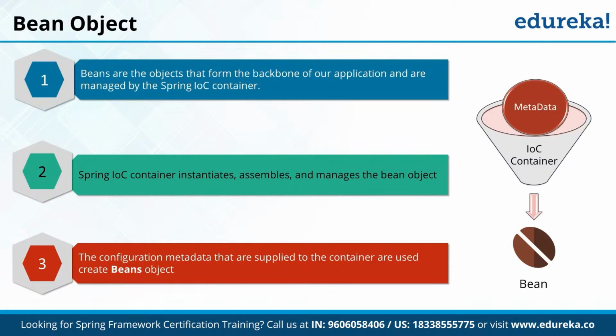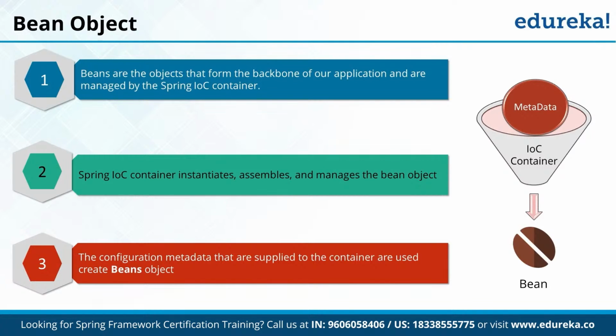All right. So what is a bean now? So guys, a bean is nothing, it's a Java object more or less, right? So they are the objects which form the backbone of our application. Why do we need objects? We need objects to contain data. And these objects within the Spring framework are managed by the Spring IOC container itself, right?